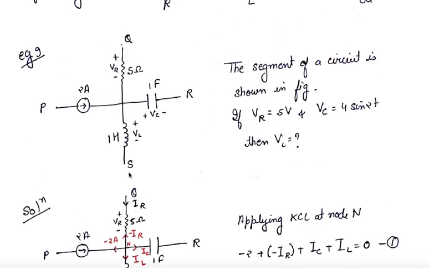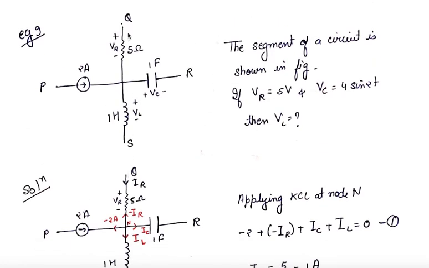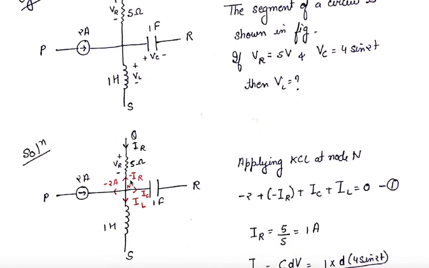Because the current is coming from positive to negative, if we mark it in the leaving direction, it will be minus IR. For VC we have marked IC, and for the inductor we have marked IL.